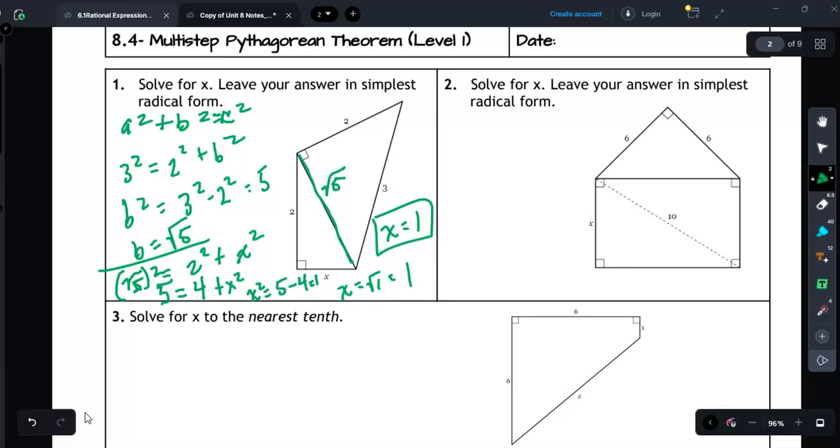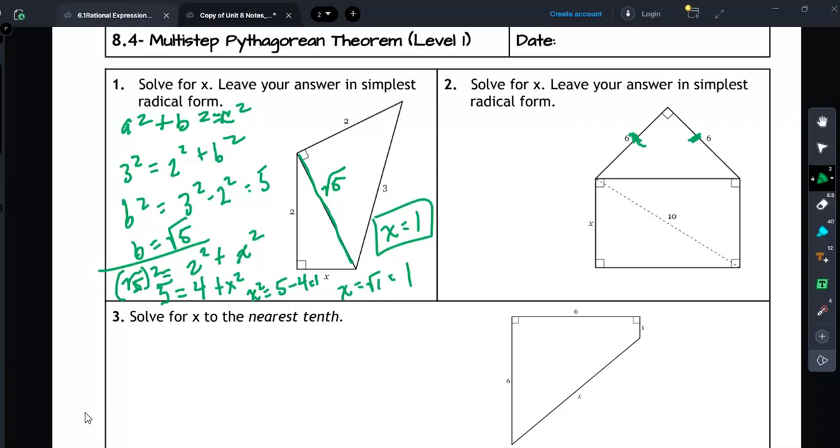Okay. Over here we have what I see is 3 different triangles. We have the very top triangle, if you think of this as being a house on number 2. 6 and 6 are sides that are equal. So we have, what kind of triangle is this? We have 2 legs that are equal. Isosceles, right? Okay. And then down here, we're trying to find this X. Okay. So we have a right angle.